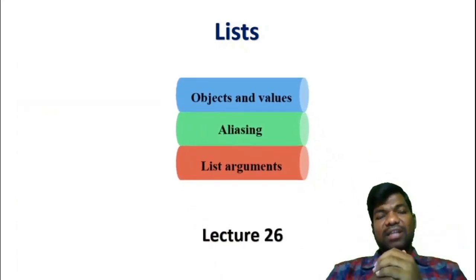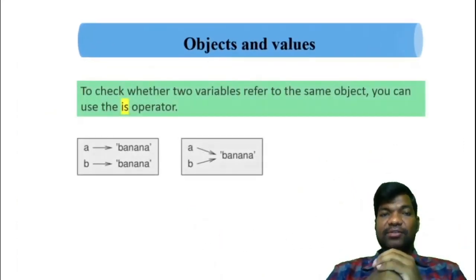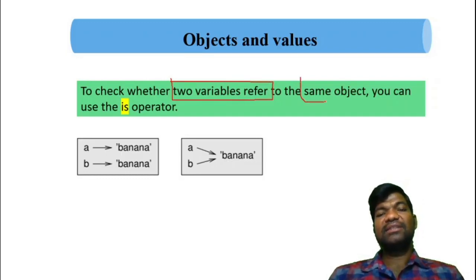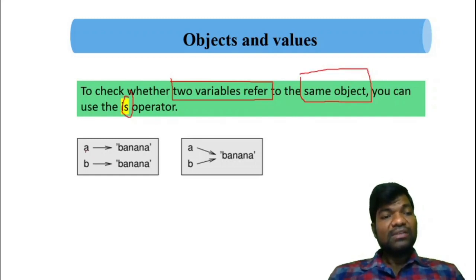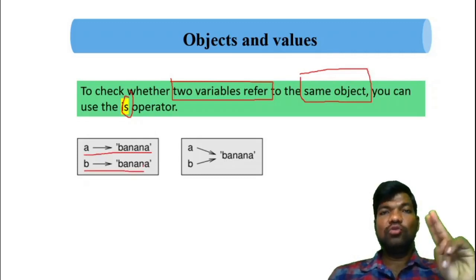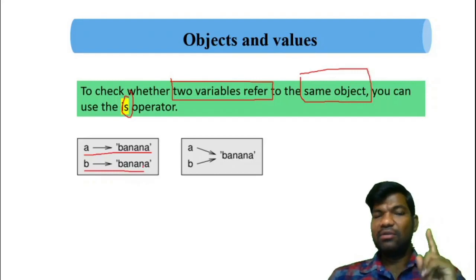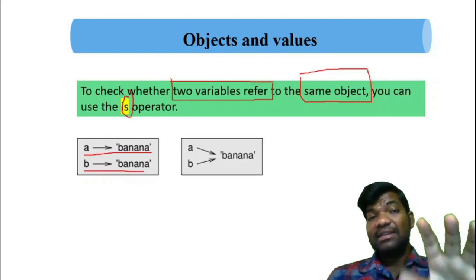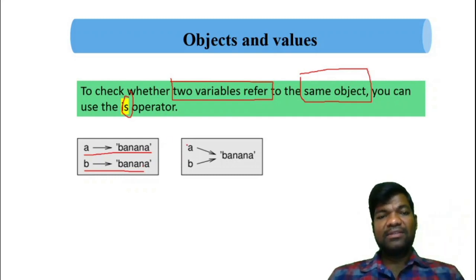First, coming to objects and values. Consider two variables that refer to the same object; we can check this using the is operator. Here A is banana, B is also banana. A is one variable, B is another variable, but both are referring to the same object, banana.